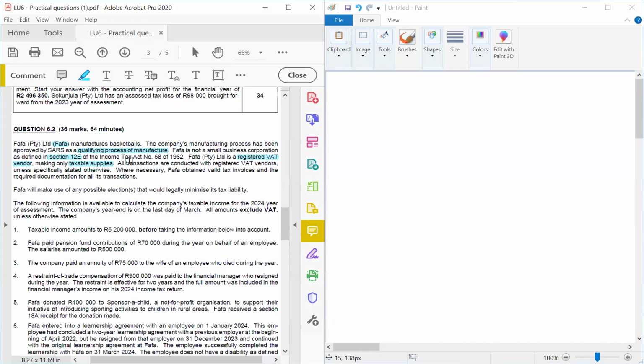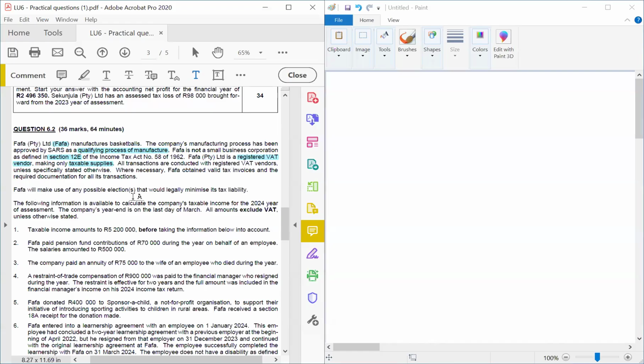So now, from this scenario, what I can get here is that I know that the small business corporation is not applicable. If it is not applicable, I will use the rate of 27% when calculating the tax, right? But if the small business corporation was applicable, I could have used the rate provided.